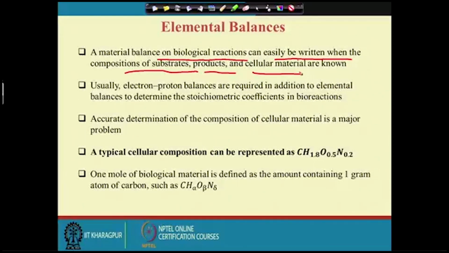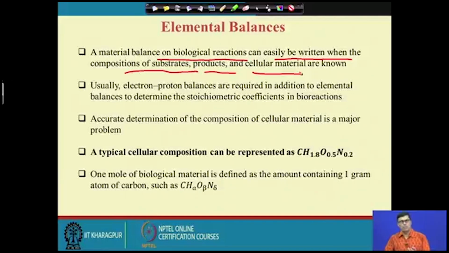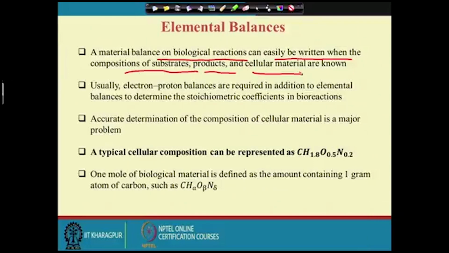Your products may be in the form of cell mass; if it is other than cell mass, you get cell mass as well as the product. Usually the electron and proton balances are required in addition to elemental balance to determine the stoichiometric coefficients. I shall discuss in detail how you can find out the stoichiometric coefficients of biochemical processes.